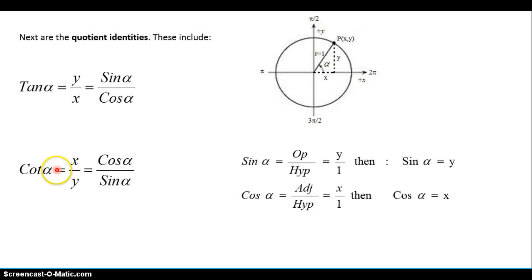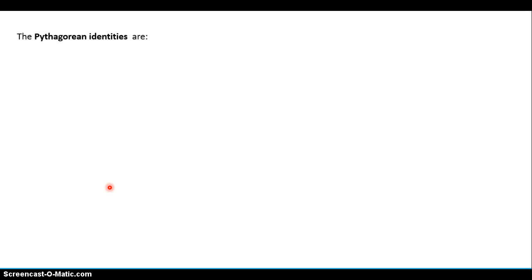And the cotangent of the angle, that's why this is called a quotient identity, because it's a division, is the same as x, that is the same as the cosine of the angle, over y, that is the sine of the angle. That's why when we pass x is the same as the cosine, that is our adjacent side, over y, that is the same as the sine, or the opposite side.